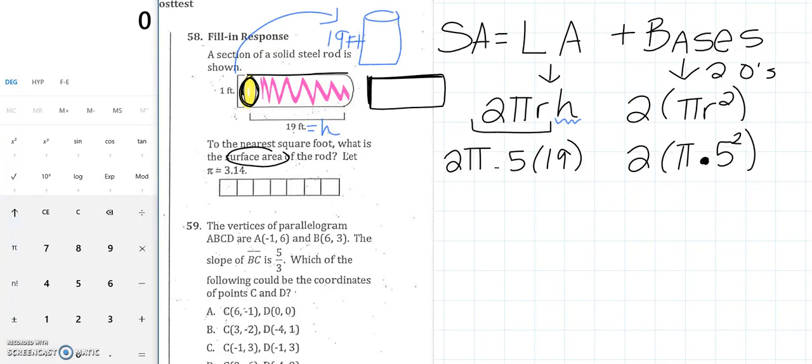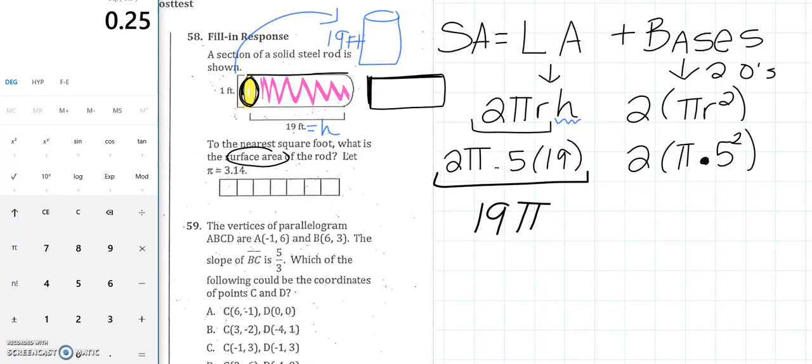So in the calculator, I'm going to multiply all the numbers but not pi. So I have 0.5 times 19 times 2, and I get 19. So I have 19 pi for the curved portion, and now let's take a look at the other one. So I'm going to clear this out. 0.5 squared is 0.25.